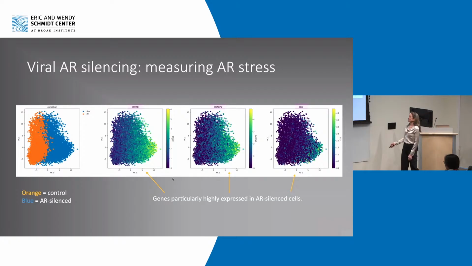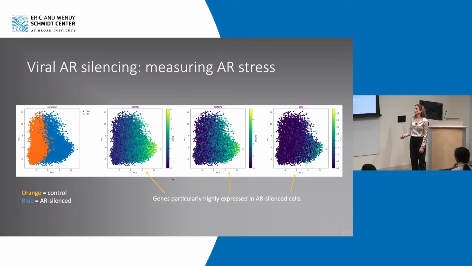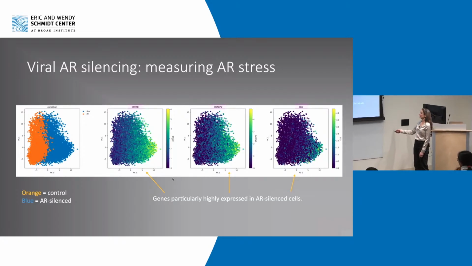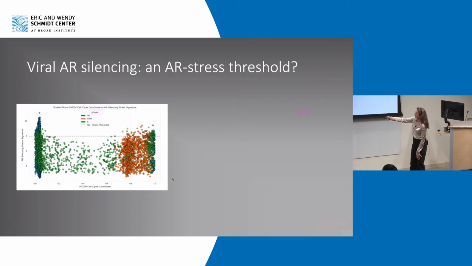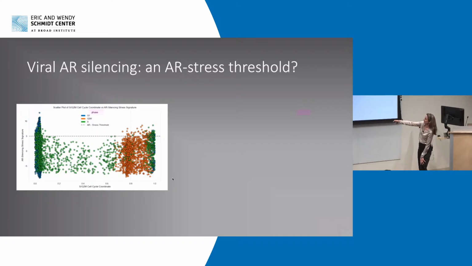So let's look at what's really going on with those genes, using as a measure of the stress how highly expressed these particular genes are in the AR silenced cells. We have the following picture. On the one hand, we're looking at the cell cycle coordinates, with the cell cycle moving along from left to right.